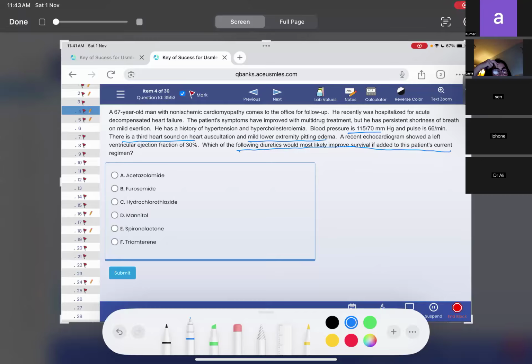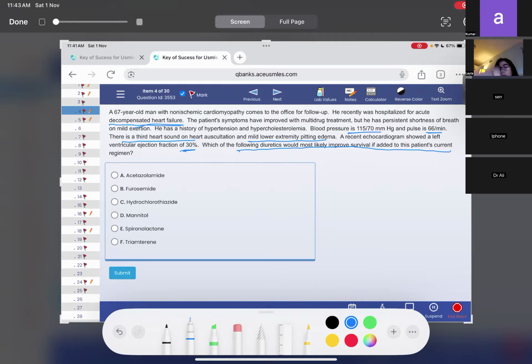He was recently hospitalized with acute decompensated heart failure, and his symptoms improved with multi-drug treatment. He has shortness of breath on mild exertion, a history of hypertension and hypercholesterolemia, blood pressure 115/70 and pulse 66 per minute. There is a third heart sound and mild lower extremity pitting edema. A recent echocardiogram shows a left ventricular ejection fraction of 30%.